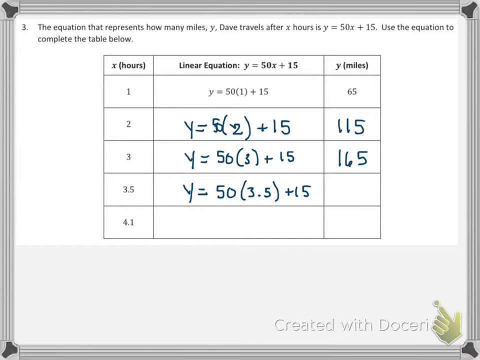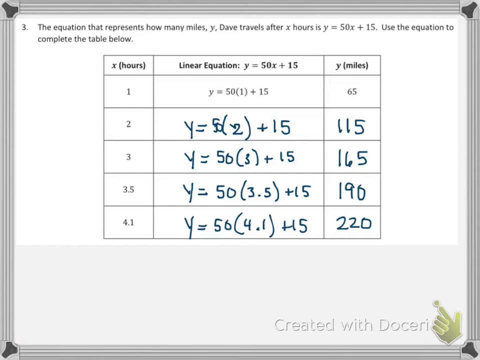And then add the 15, I get 190 miles after 3.5 hours. And then the last one, y equals 50 times 4.1 plus 15. And 50 times 4.1 is 205, plus 15 is 220. So we get 220 miles after 4.1 hours.